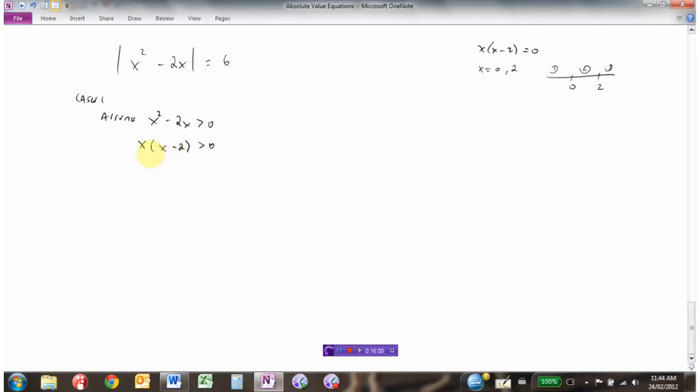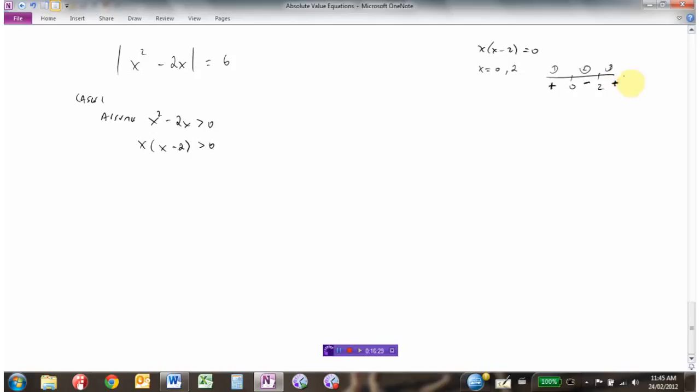A negative times a negative is a positive, so this is a positive region. When we try a number between 0 and 2, like 1, this is positive, 1 minus 2 is negative, and a positive times a negative is a negative. So region 2 produces negative numbers. And when we try something more than 2, like 5, positive, 5 minus 2, positive, a positive times a positive is a positive.